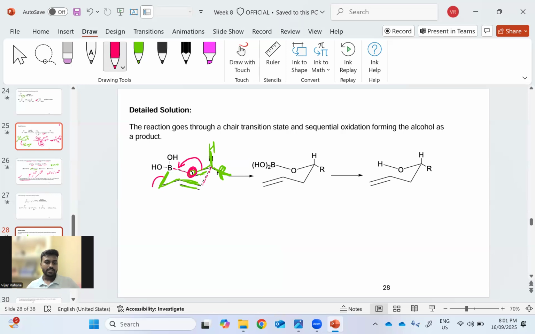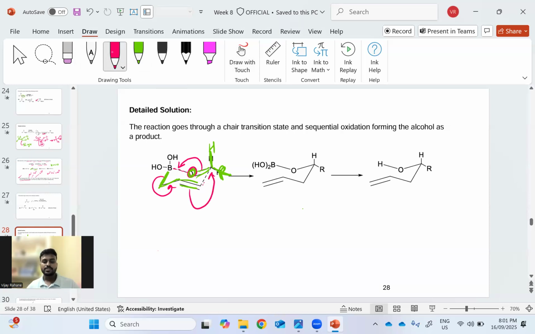The carbon-boron bond gets cleaved to form a double bond at this position, and this alkene attacks the carbon.